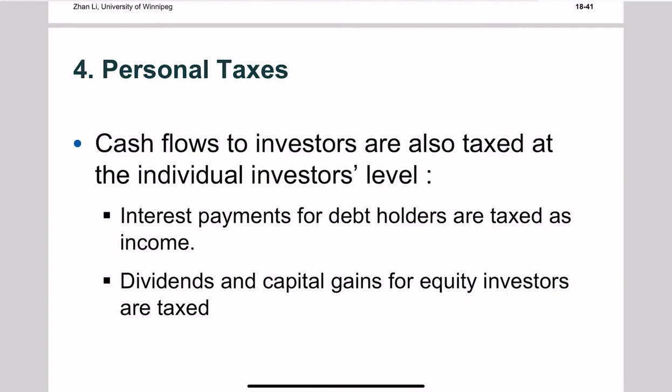Obviously, from the individual level, the after-tax cash flows will be affected by personal taxes, right? So clearly, depending on how equity income and interest income are taxed, investors could have different preferences over equity and debt. Essentially, this implies personal tax will affect the interest tax shield.